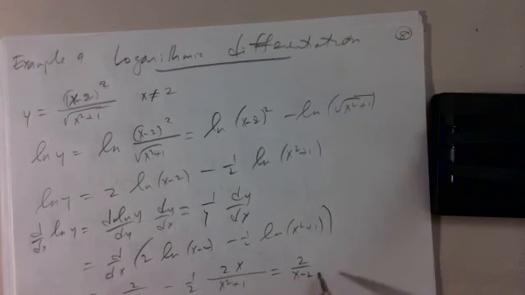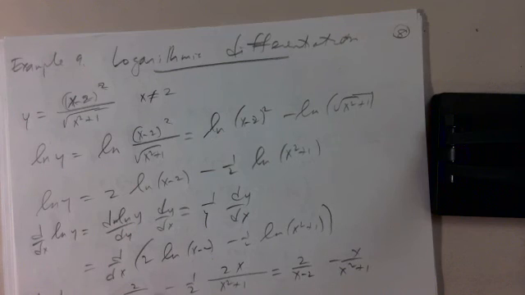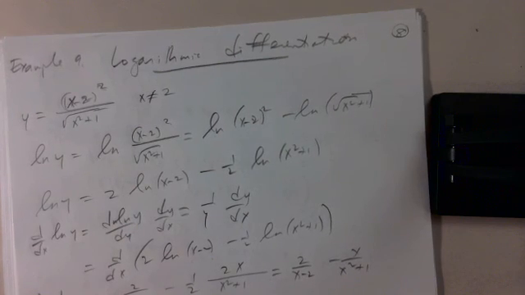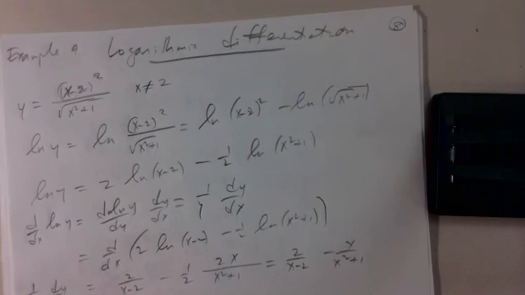So this is 2 over x minus 2 minus x over x squared plus 1. And that's equal to 1 over y dy/dx. So this means that dy/dx is just my function y that I started with times this.